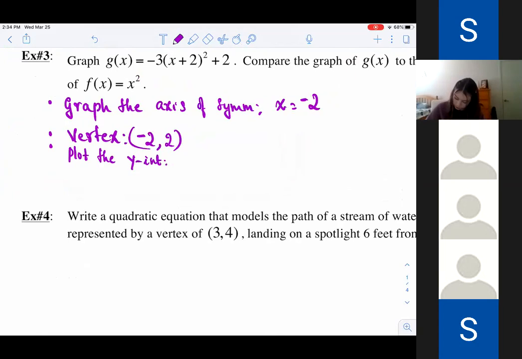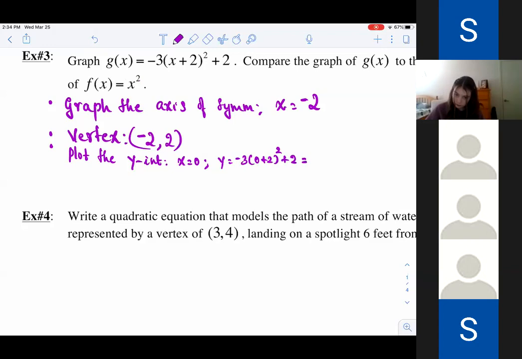What is the y-intercept here? Now listen, to find the y-intercept, you are going to put x equal to 0. When x is equal to 0, g of x, your y, is equal to negative 3 times... That's how you always find the y-intercept.